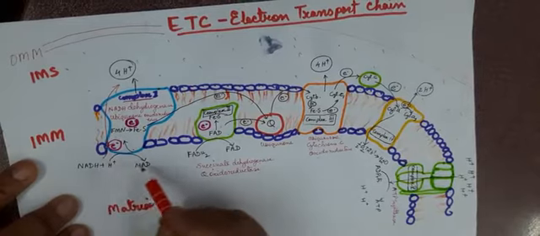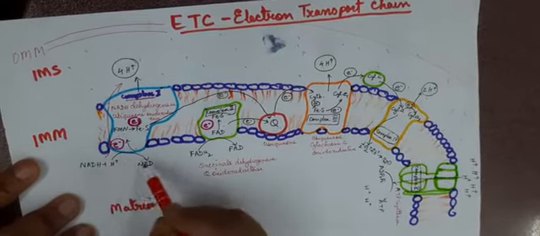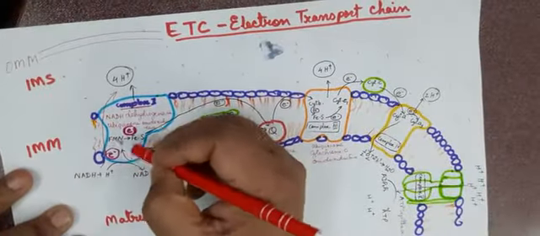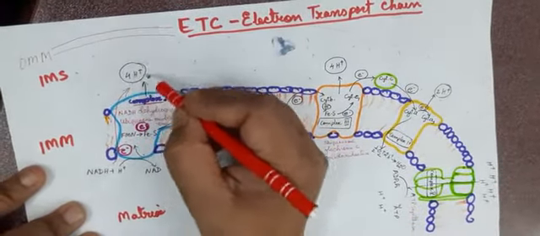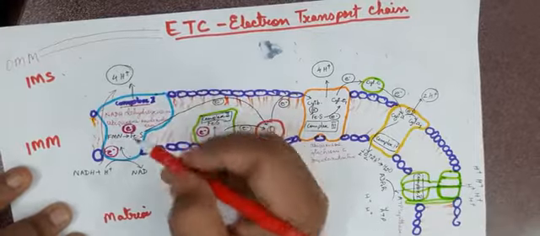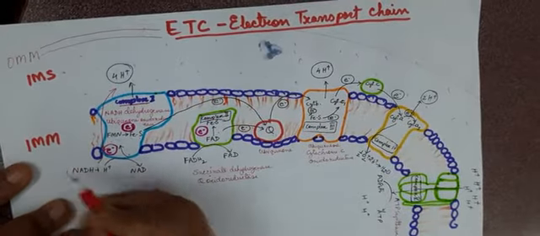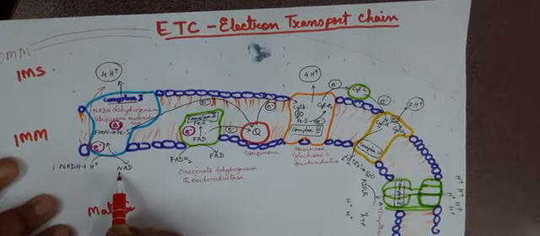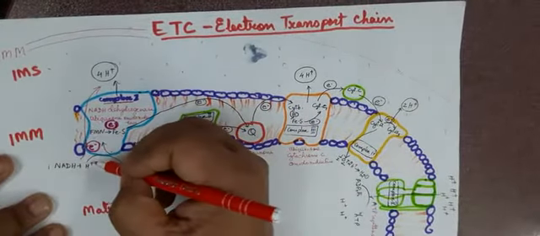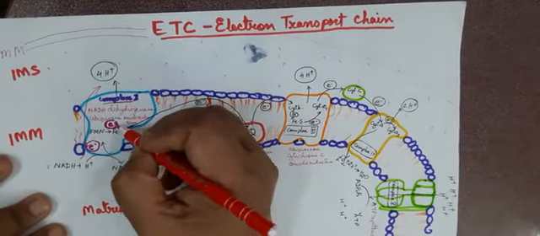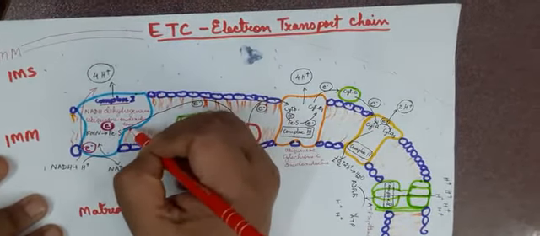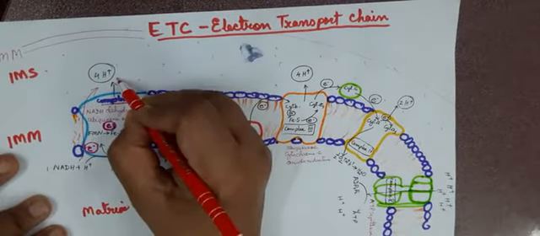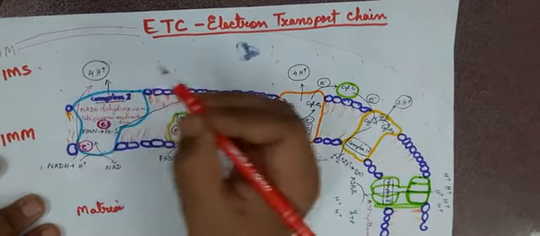So from the movement of one electron carrier, 4 hydrogen ions come in. It means when 1 NADH releases hydrogen ions and gets oxidized to NAD, it is releasing 2 electrons, and with the release of 2 electrons, 4 hydrogen ions from the matrix come into the inner mitochondrial space.